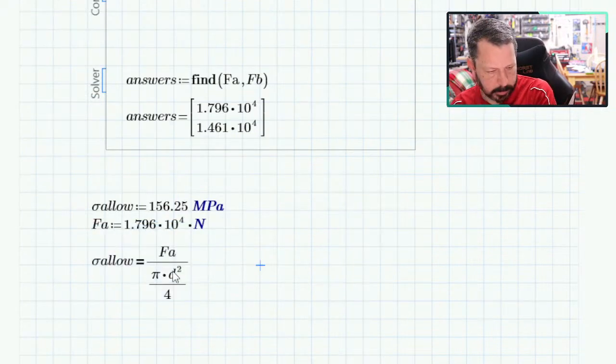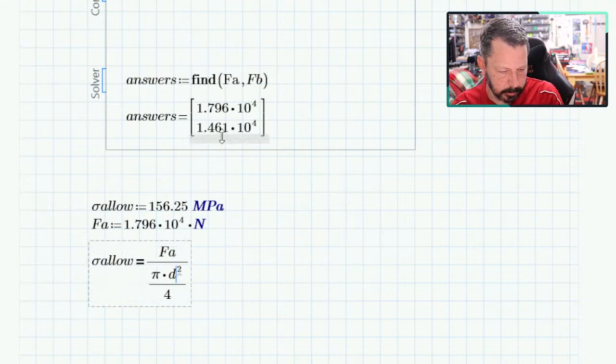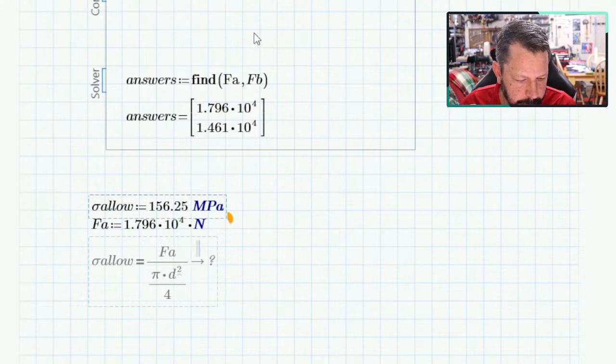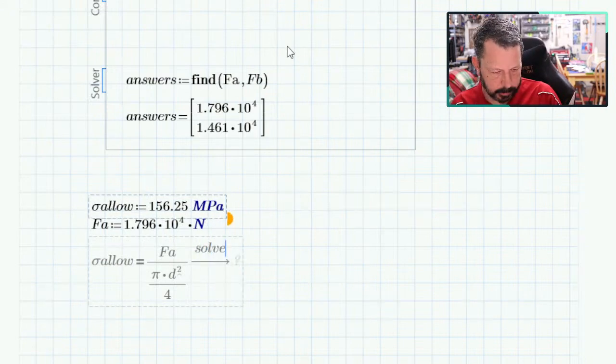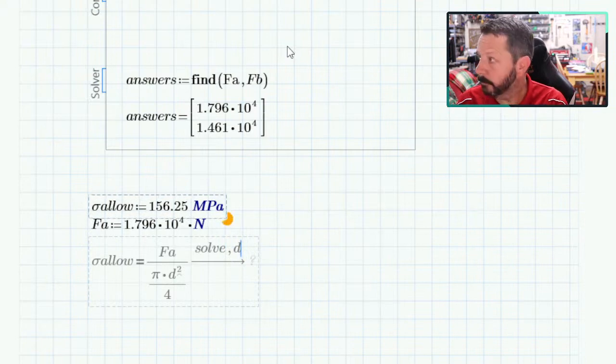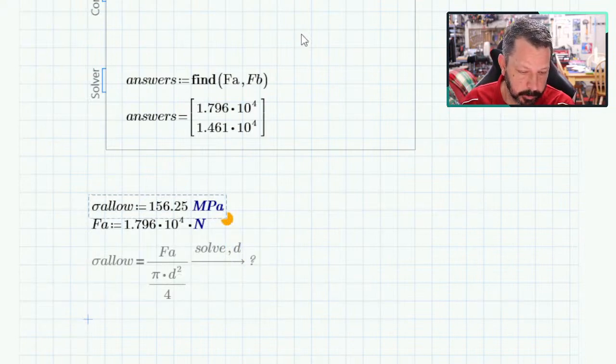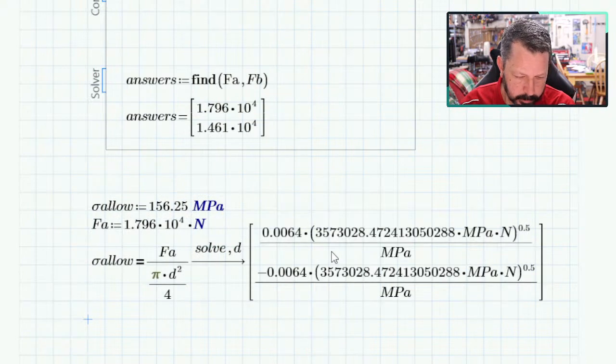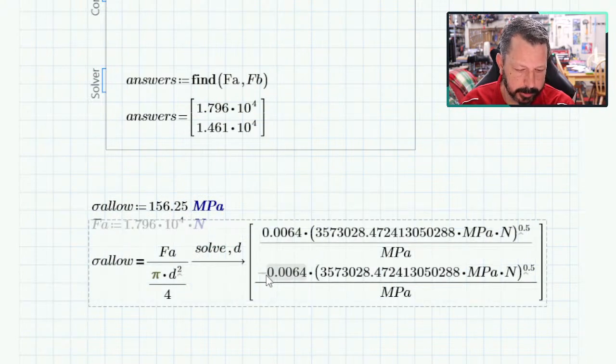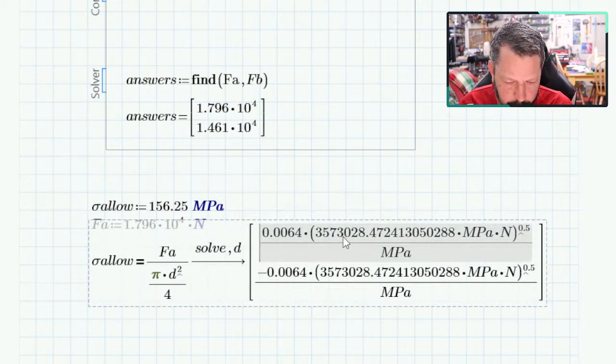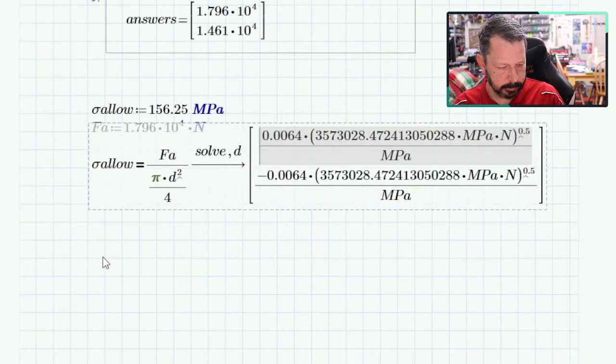Okay, and we want to solve for that. It's thinking. All right, we got one, negative number over here, so that's not right. We got this one where it did some weird stuff with some units, but let's see.